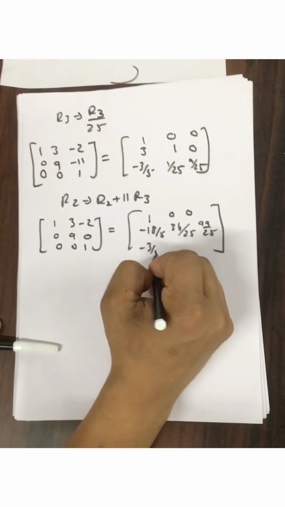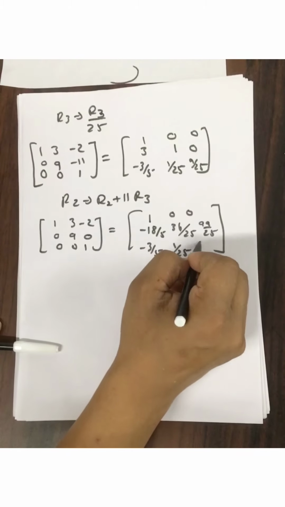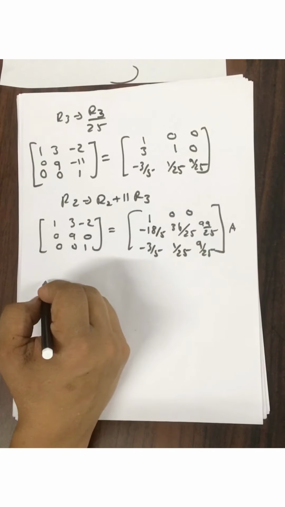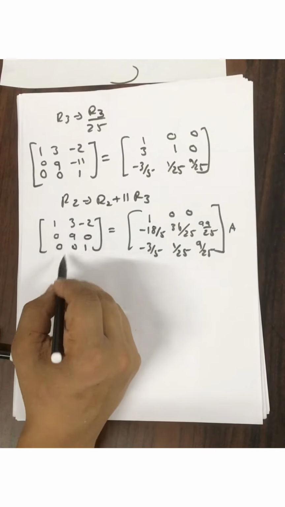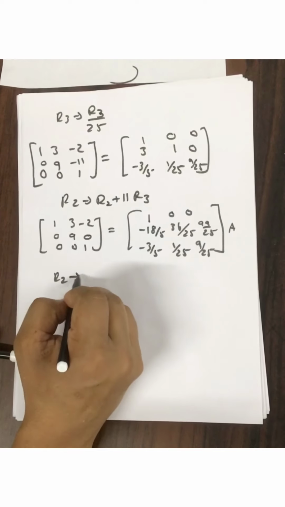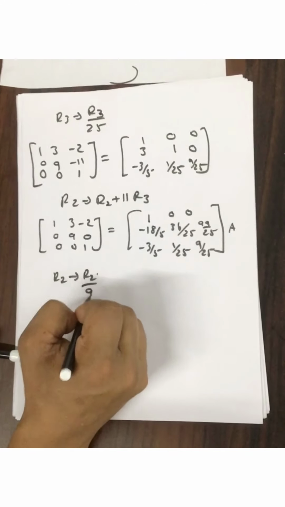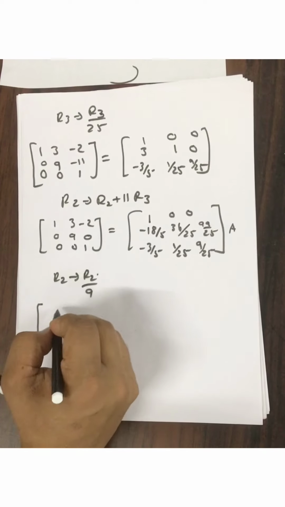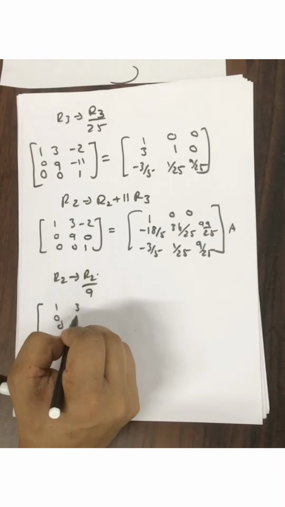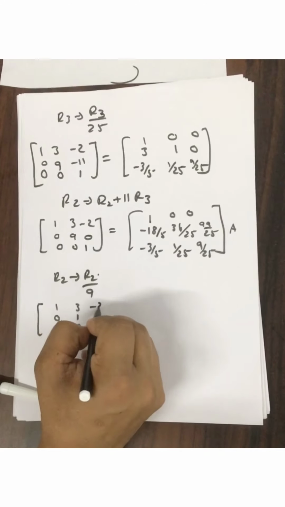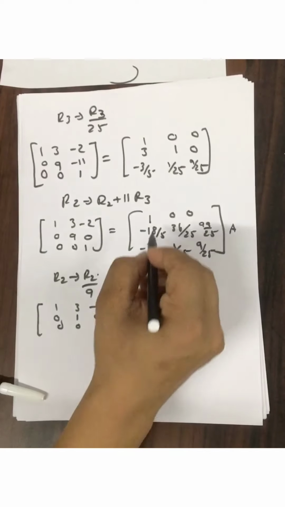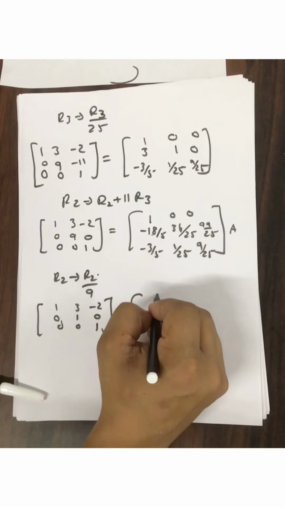Minus 3 by 5. This will remain like this, 9 by 25 and A also. Okay, next we get rid of this 9, so R2 divided by 9. How much will this come? 1 0 0, 3 1 0, minus 2 0 1, and on this side if you divide by 9 we can cancel these all, so 1 0 0.